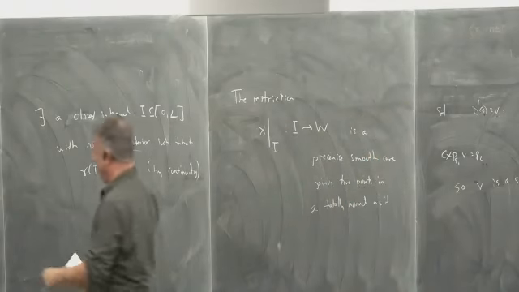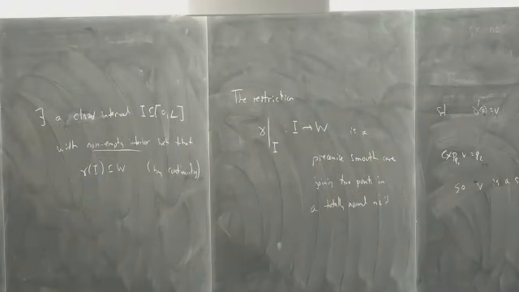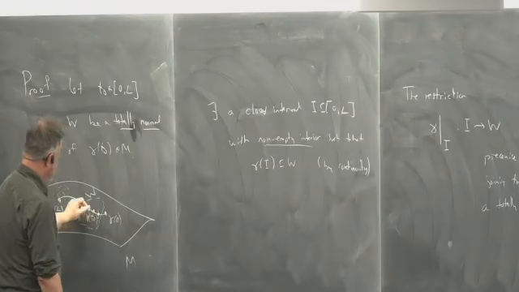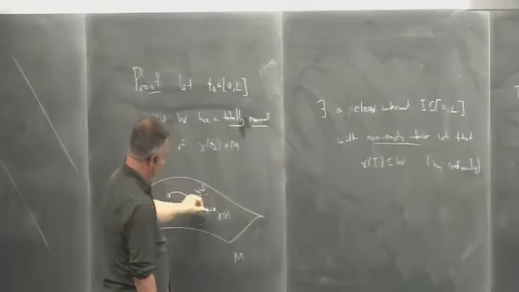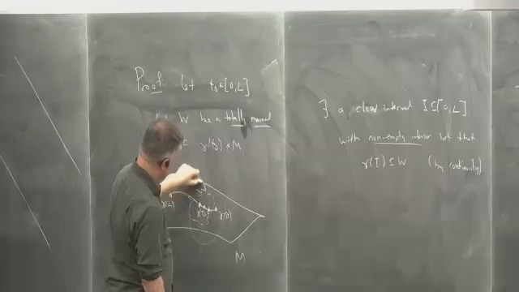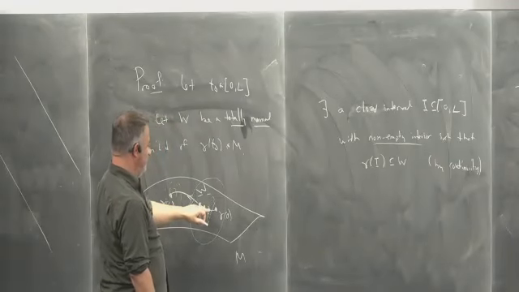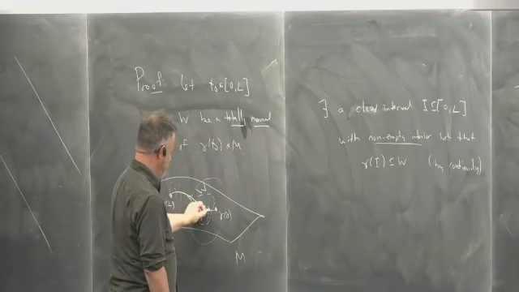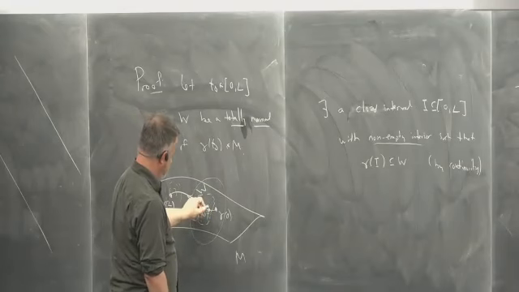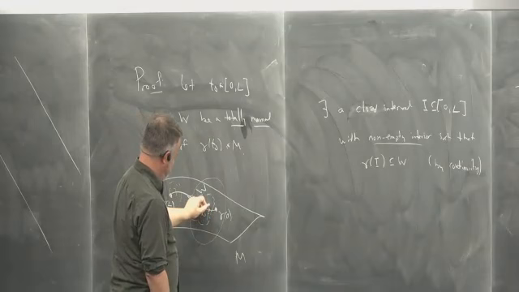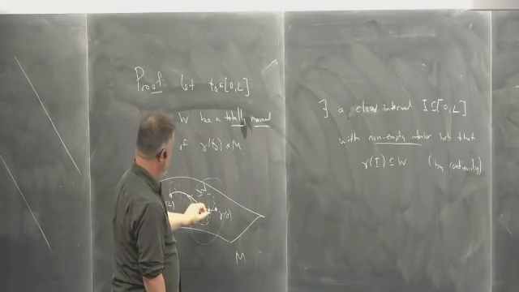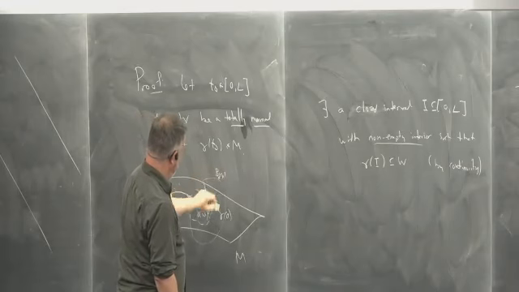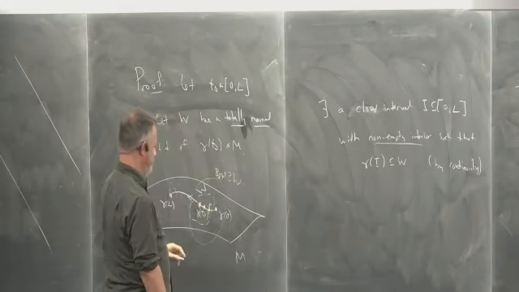Remember, because W is a totally normal neighborhood of each of its points, both points lie in W, and W is contained in a geodesic ball centered at each of its points. Call this point P, then B delta of P contains W.